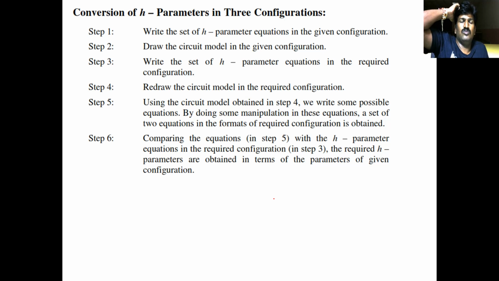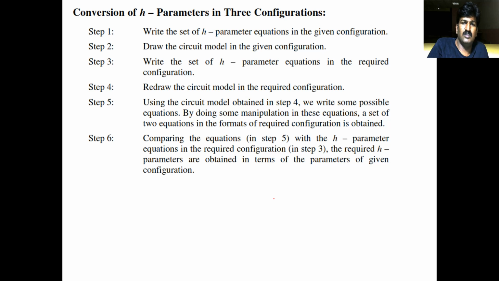You can also convert H parameters between the three configurations. Step 1: write the set of H-parameter equations in the given configuration. Step 2: draw the circuit model in the given configuration. Step 3: write the set of H-parameter equations in the required configuration. Step 4: redraw the circuit model in the required configuration. Step 5: using the circuit model obtained in step 4, write some possible equations.